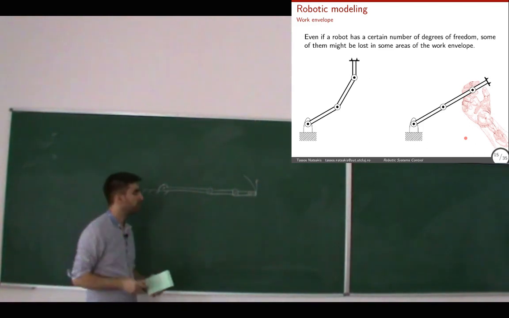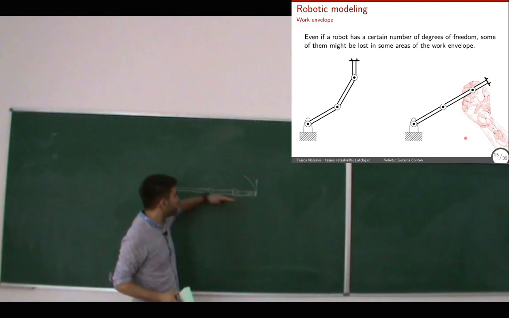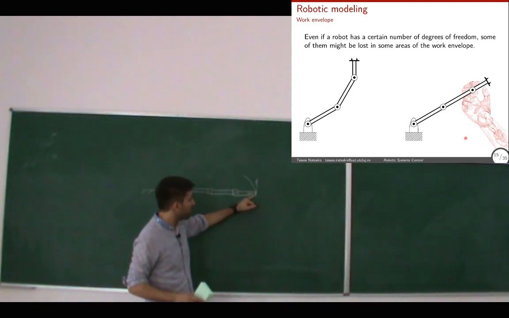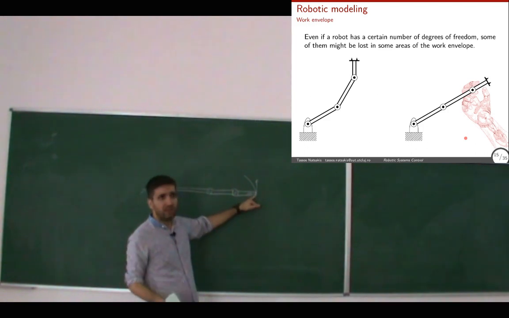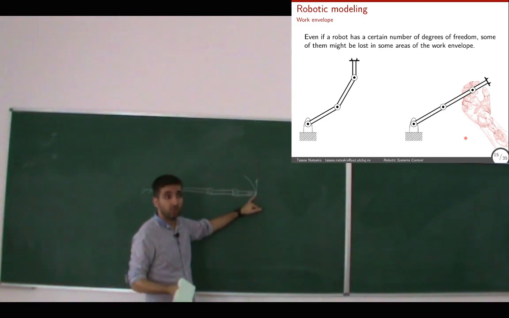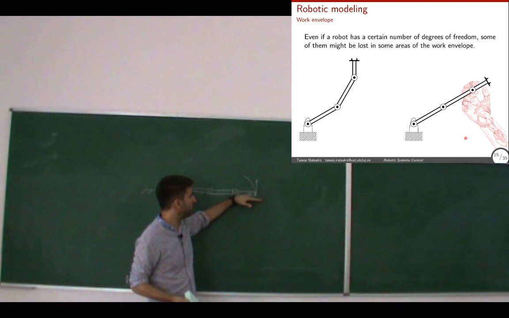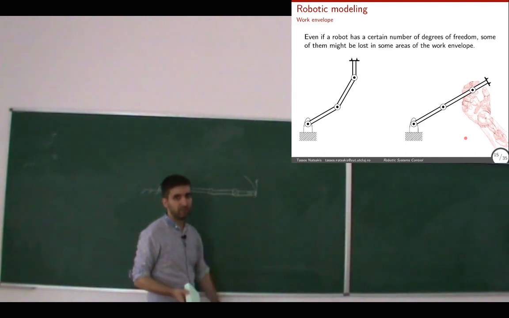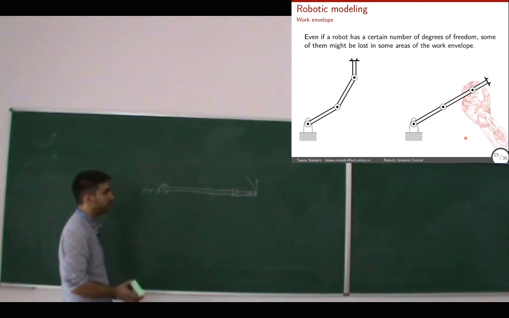In this configuration, I have lost 1 degree of freedom, or even 2, because the orientation will also change if I try to move up. So I don't have 3 degrees of freedom anymore.